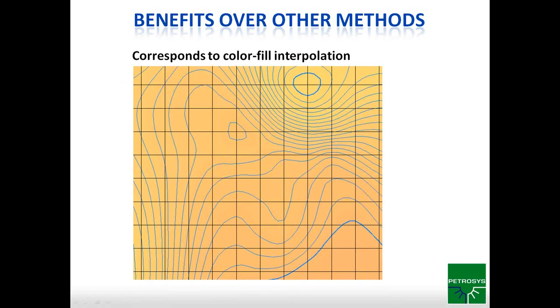In the new slice-based method, we use exactly the same interpolation method at the top of the prism as we do when we're color filling the grid. So it's a really important quality control measure to zoom in and inspect your grids before you run volumes. Whatever you see in color-filled mode will be exactly what you get when you calculate volumes. That's quite a big benefit over the older methods.